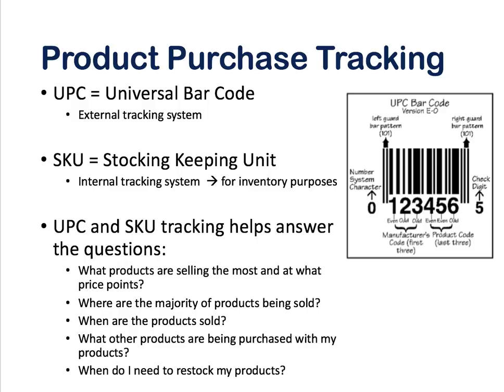And we're going to talk about loyalty cards and loyalty card data in our final lecture next week. But there's so much information that we can use and so much bigger picture analysis that we would be able to complete if we are looking at product purchase tracking.